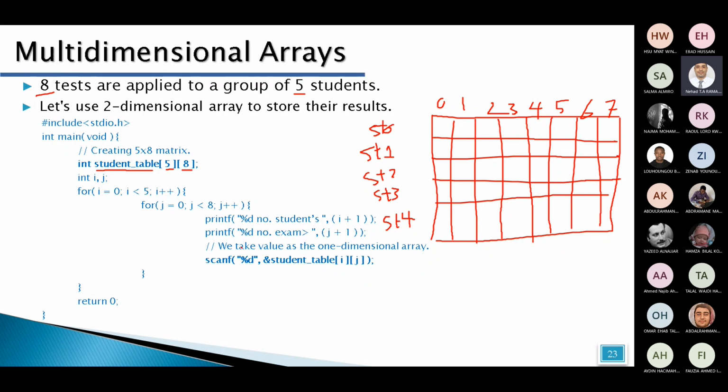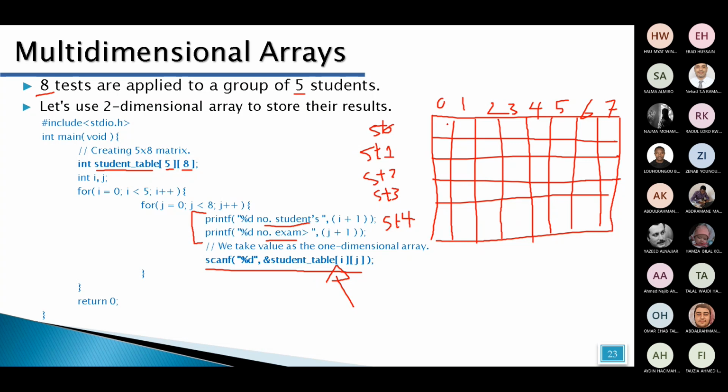Here we are trying to print only a message for the user to give us the first student's exams, exam 1, 2, and so on. And here we read the marks, the grades of the exams.